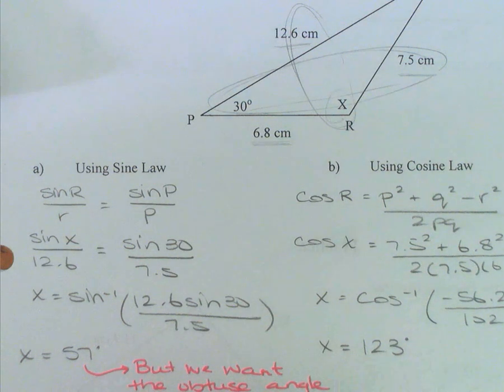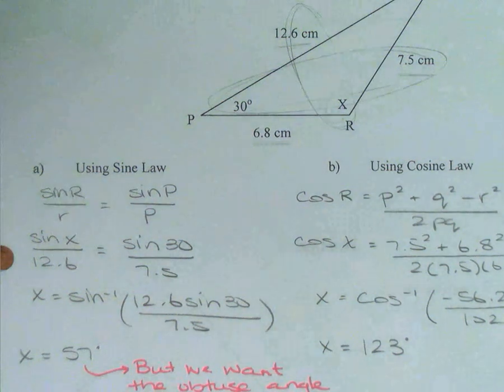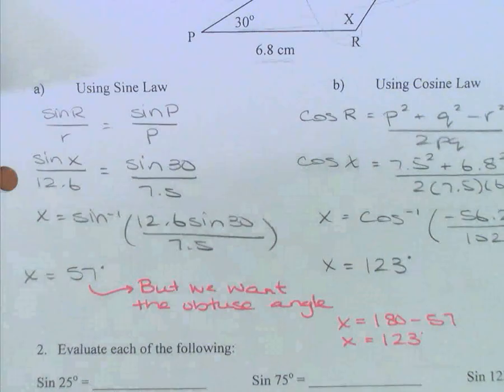So I can do x is equal to 180 minus the 57 that I got, and I will get 123. So we just have to be careful with the sine law. It does lie to you.